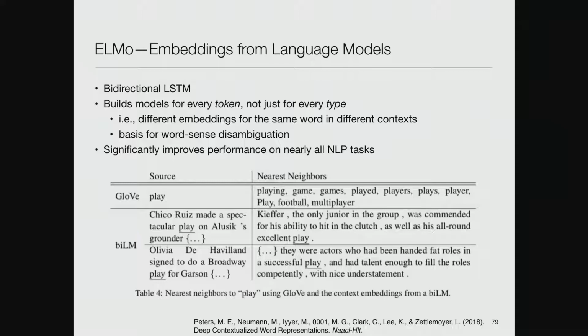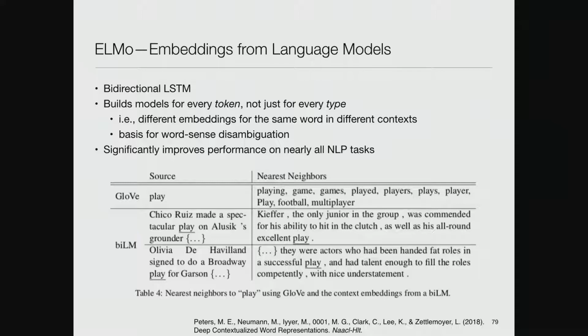But what it does is, unlike Word2Vec, which built an embedding for each type, so every time the word junk appears, it gets the same embedding, here, what they're saying is, hey, take context seriously, and we're going to calculate a different embedding for each occurrence in context of a token, right? And this turns out to be very good because it goes part of the way to solving the word sense disambiguation problem.